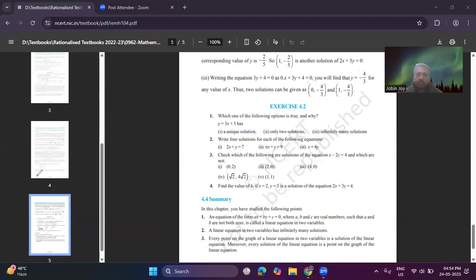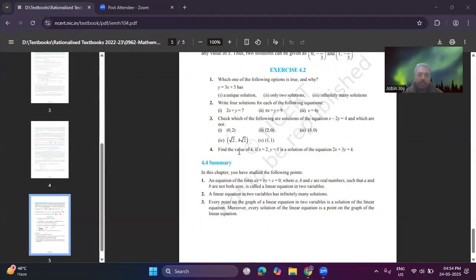So we finished this chapter. So going to the summary, what is the standard form of a linear equation? I will take another color. What is the standard form of a linear equation? Very important. The standard form of a linear equation in two variables is ax plus by plus c equal to 0, where a, b not equal to 0.